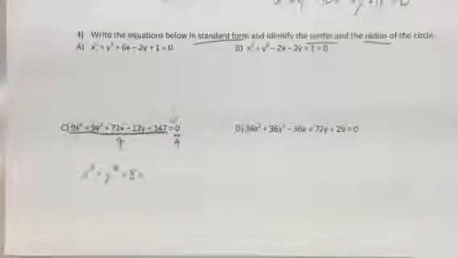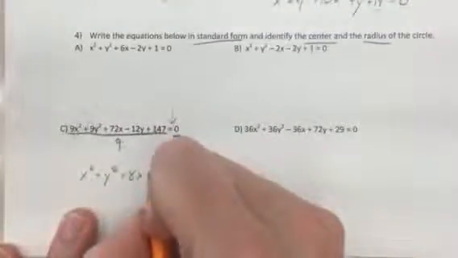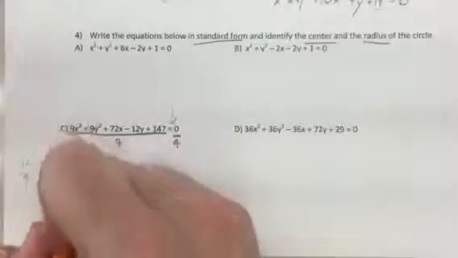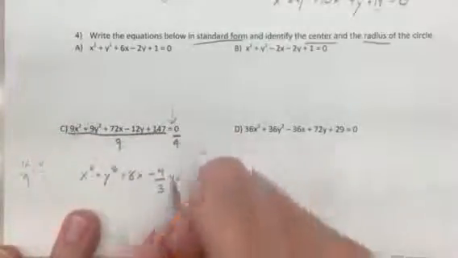And I'm going to write it like that because I don't want to have to deal with decimals that aren't rounded. So I'm going to write negative 4/3 y. 12 divided by 9 is the same thing as 4/3, and that's exact instead of having to round to like 1.333.